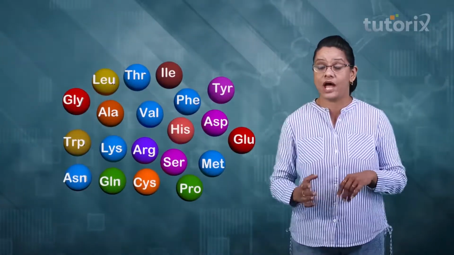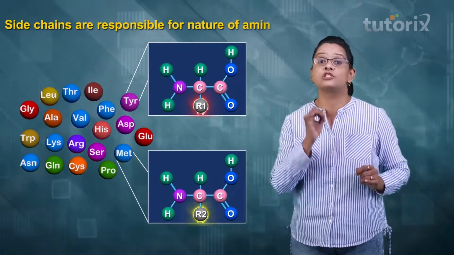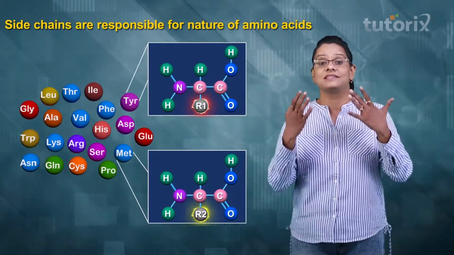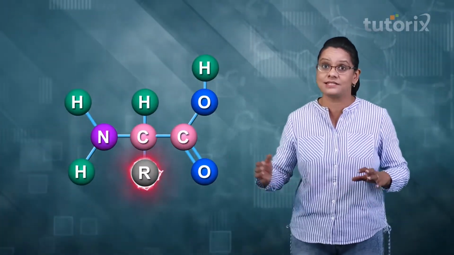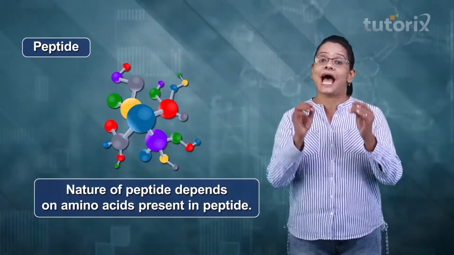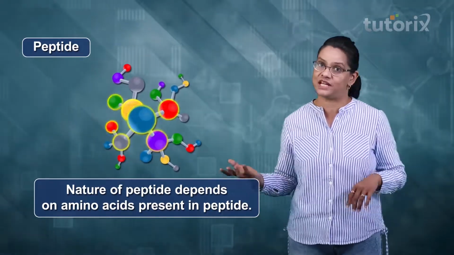Well guys, you have an answer in the brain, but you have to think over it. So, we know the peptides are made of amino acids, right? Now amino acids, if you remember, had side chains which were responsible for the nature of amino acids. So similarly, the side chains of amino acids can be acidic, basic, they can also be neutral. And consequently, the nature of a peptide is actually decided by the amino acids which are present in the peptide.